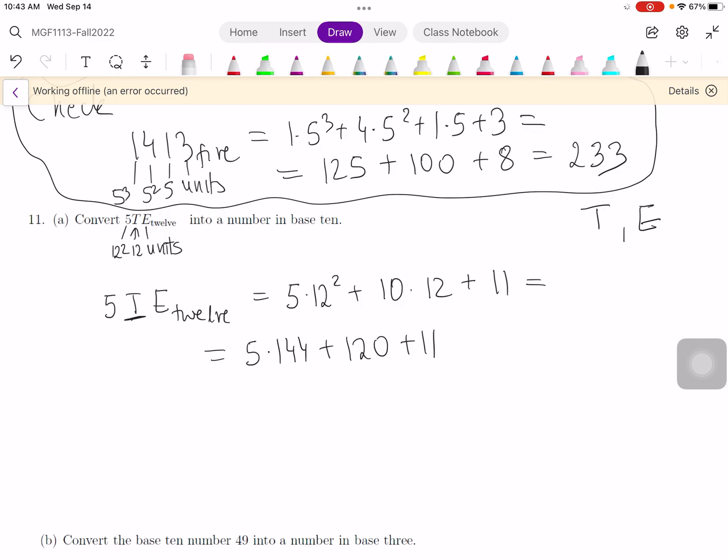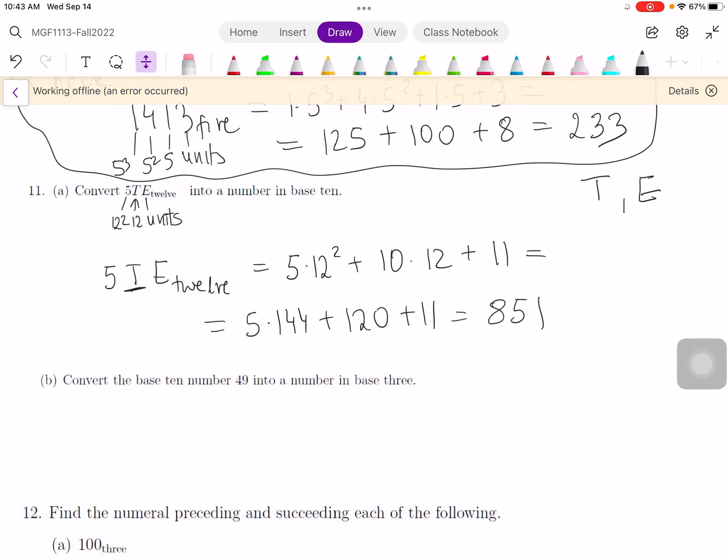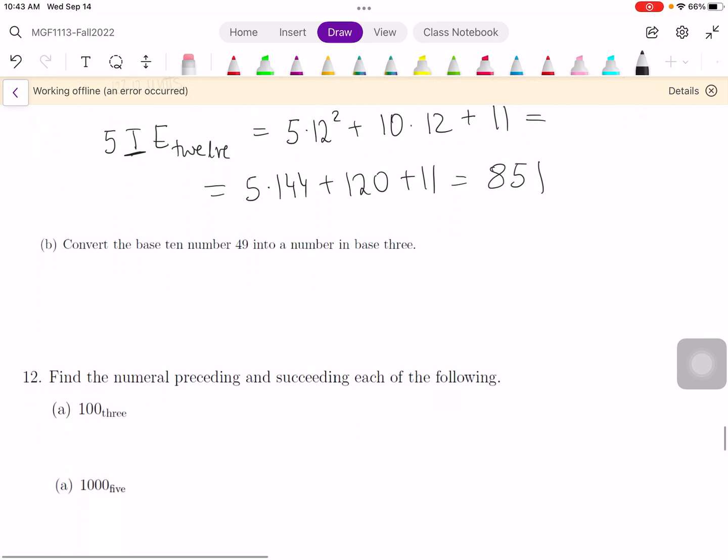So we're going to end up with 851 in our base 10.